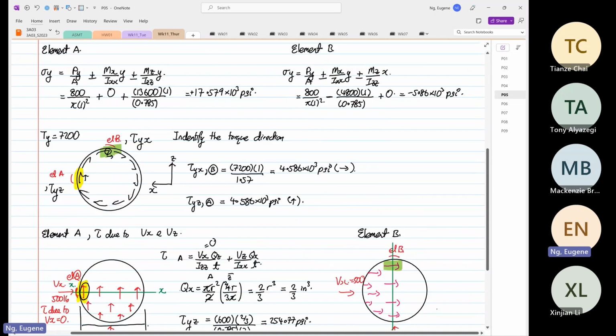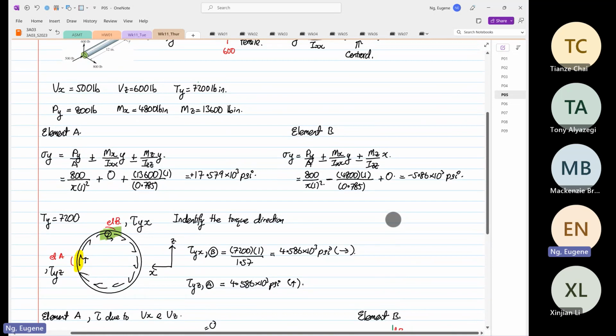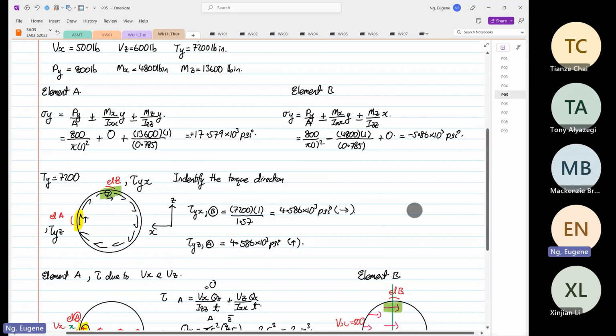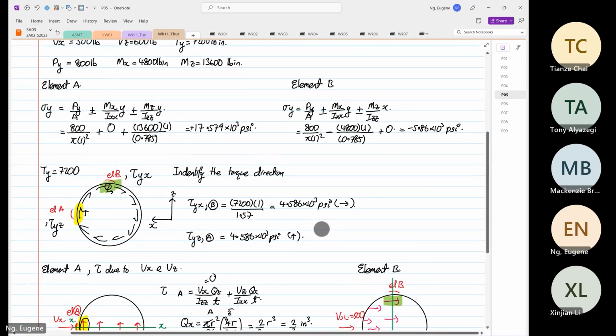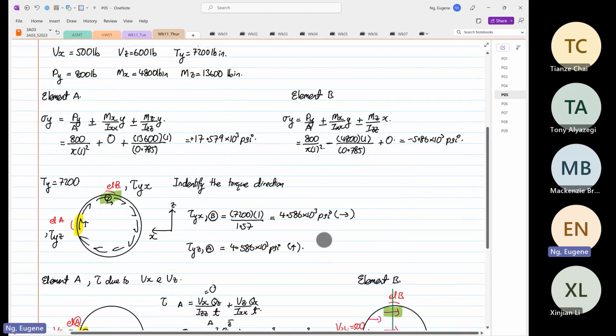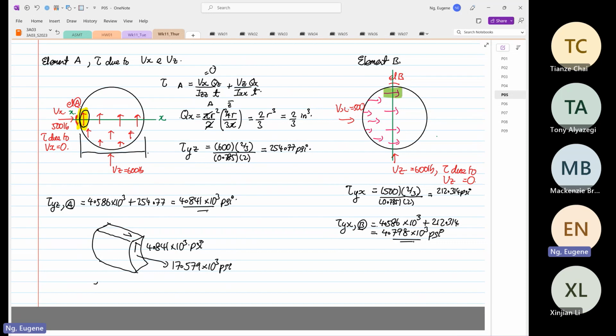And then there's a normal stress in the y direction for element A, which is 17.579 times 10 to the power 3 psi. So this is for element A.